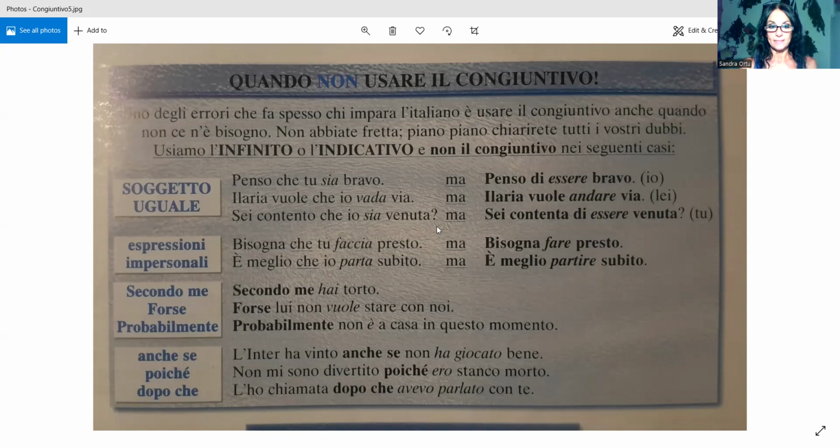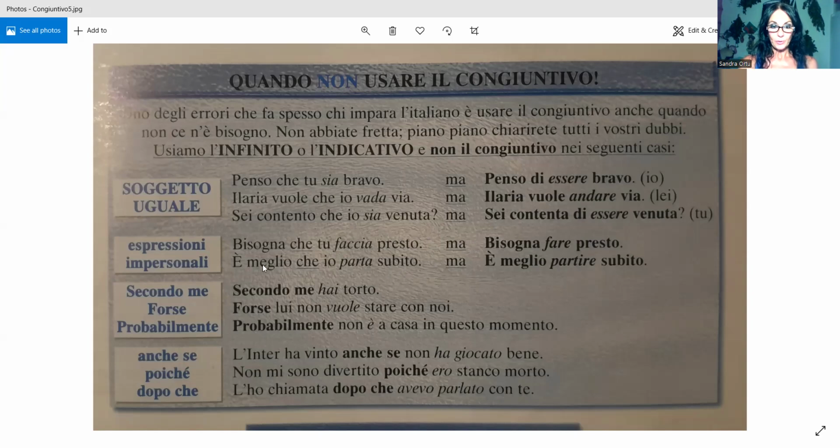It is necessary that you hurry up. So we have bisogna, which is the impersonal expression followed by a specific subject. However, if you say bisogna fare presto, it is necessary to hurry in general. We don't have a specific person. In that case, we use the infinitive and there is no subject really.